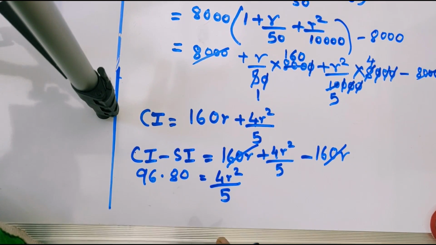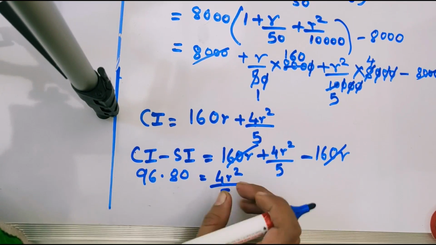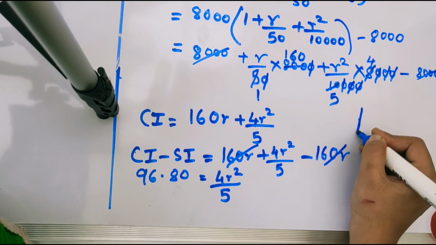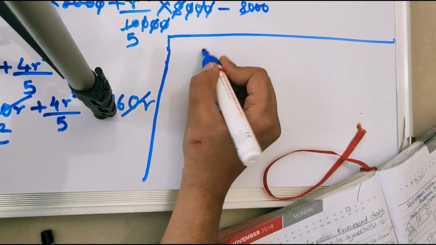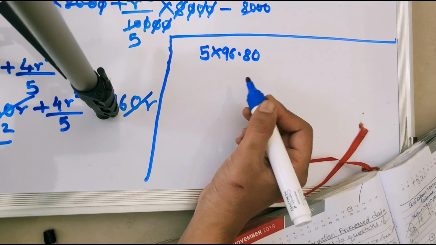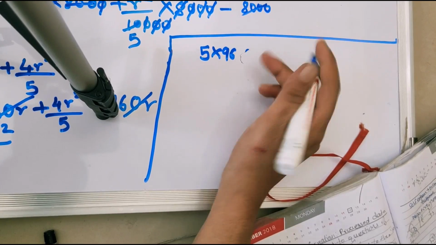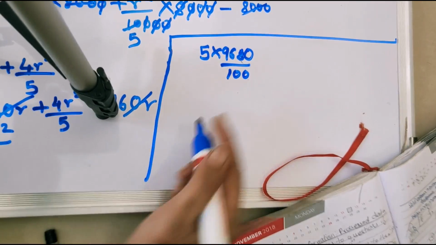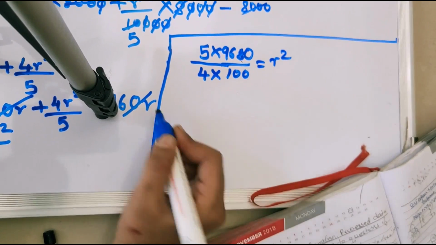Now let's solve this. We will take this 5 up and 4 down and r square at one side. This will be 5 multiplied by 96.80. If we remove this point, there are 2 digits after the decimal, that means upon 100. And the 5 upstairs will come down. So that is r square. Now let's calculate.